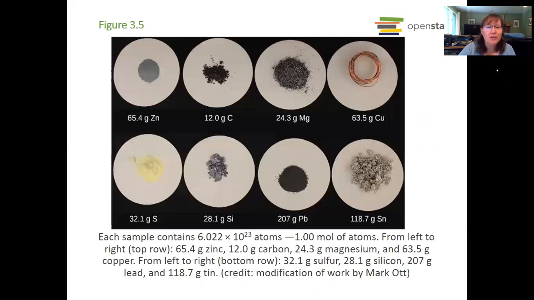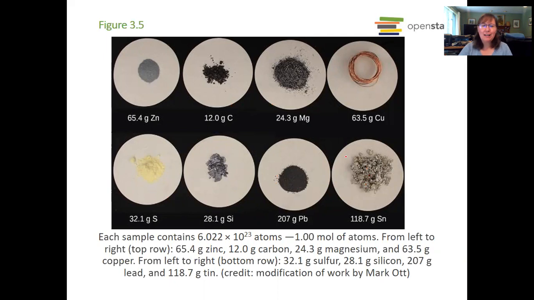Okay, so this picture, I just thought this was kind of interesting because it's showing you sort of the ratios. So if you have 1 mole of each of these, so each of these samples contains 1 mole of atoms, or 6.022 times 10 to the 23rd atoms from left to right. Okay, so we have zinc, carbon, magnesium, copper, sulfur, silicon, lead, and tin.